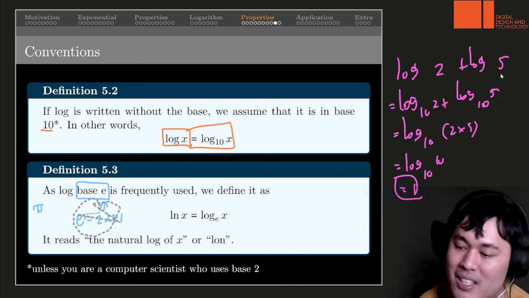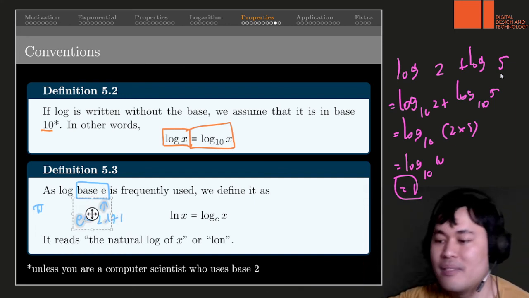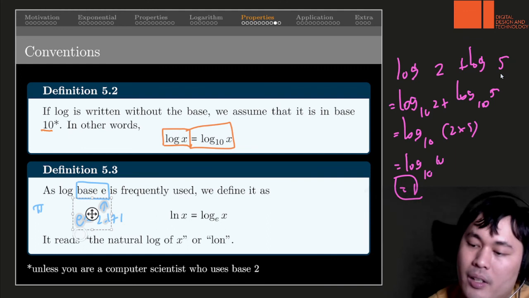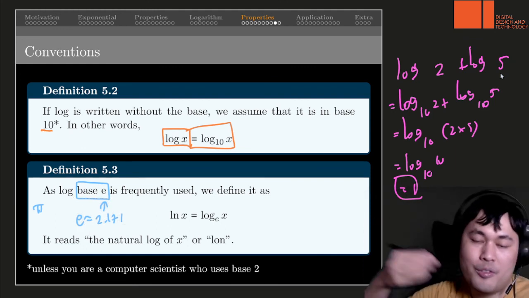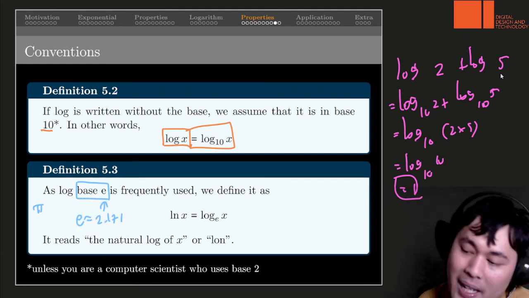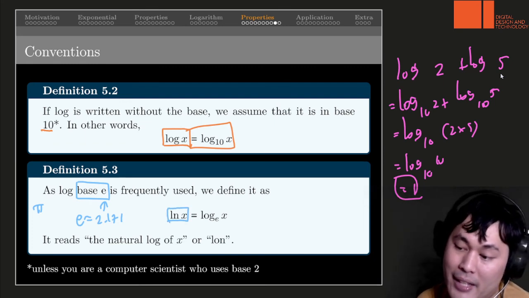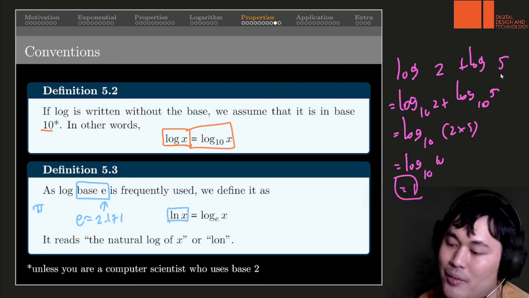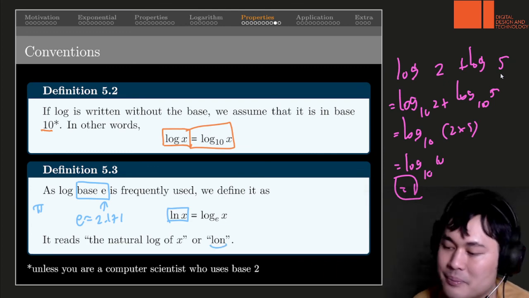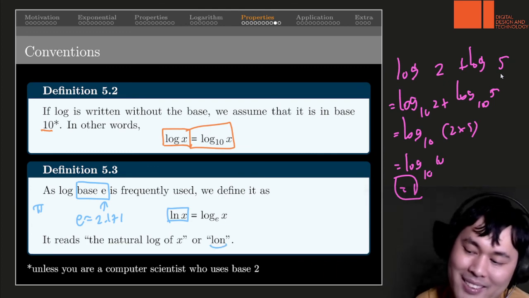Likewise, E is defined as the rate of something that we don't have enough knowledge to fully understand. But if it has a base E, we read it as ln, which is kind of weird.